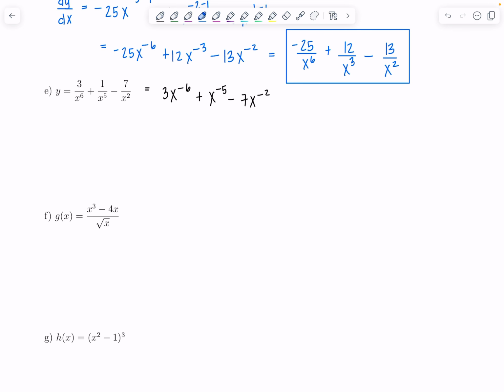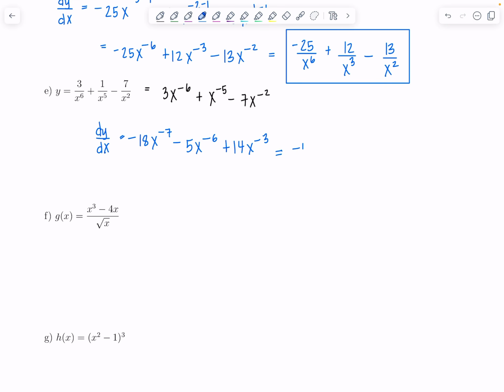So same idea. Okay, dy/dx is going to be, I'm going to do it all in one step. So negative 6 times 3, that's negative 18, x to the negative 7th. Bring that negative 5 down front, so negative 5x to the negative 6th, and then this is going to become positive 14x to the negative 3rd.